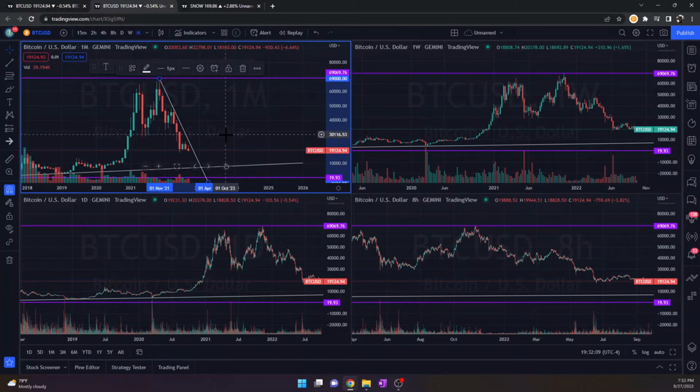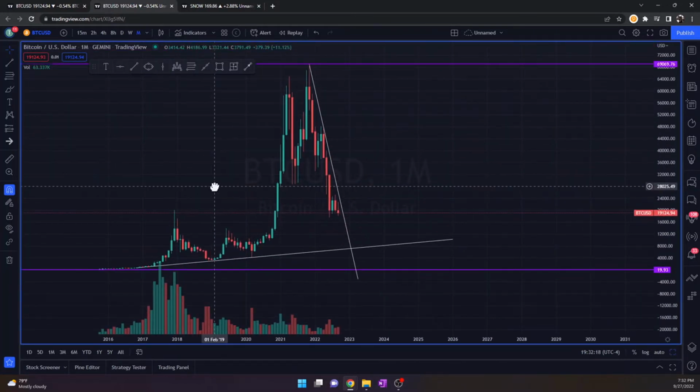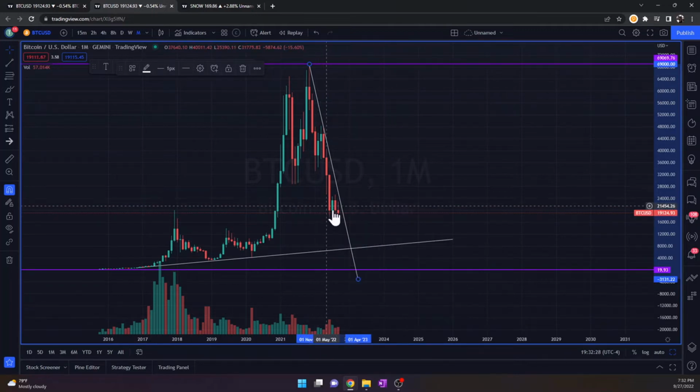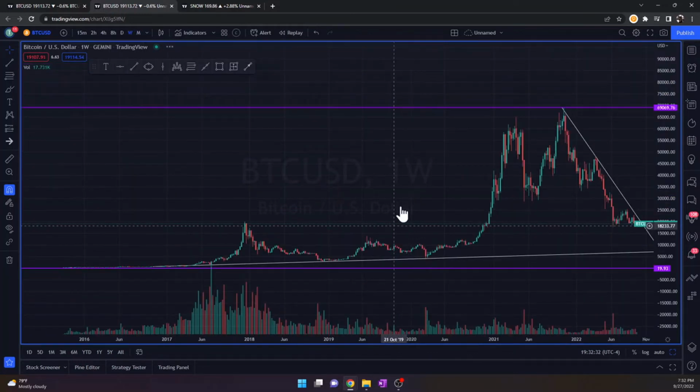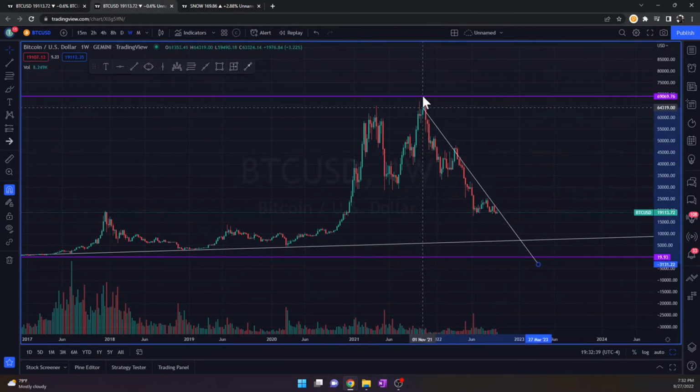Okay. So let's blow this up. Boom. Now I can also sync these lines across layouts. So I'm going to sync this across layouts. Now I am going to move to the weekly chart where we have this, and let's move it so that it's better.